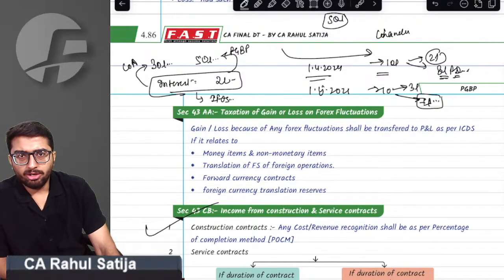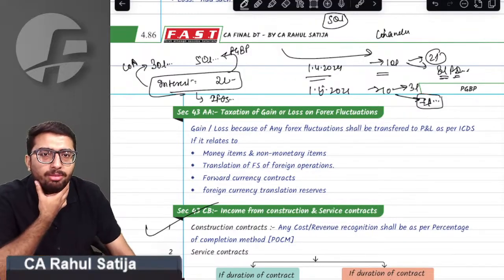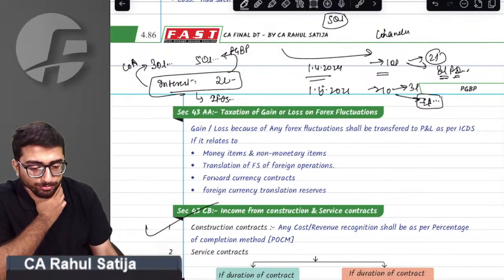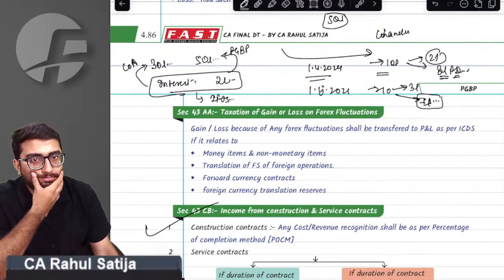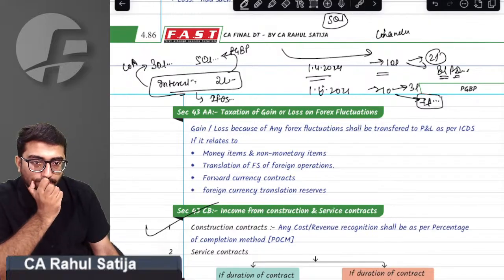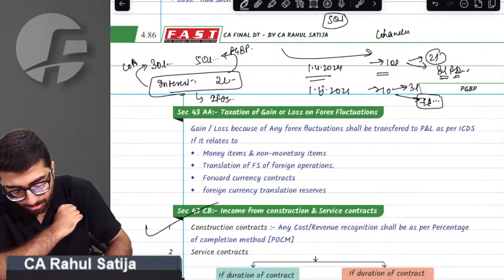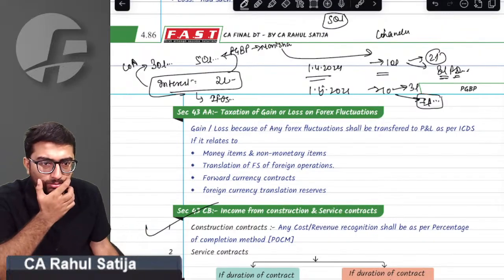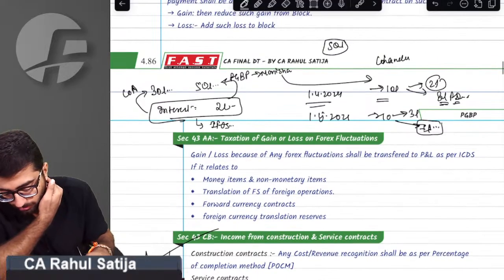Whatever the incidental revenue is, what will be the treatment of such incidental revenue? Monisha says PGBP. Chandu says PGBP.